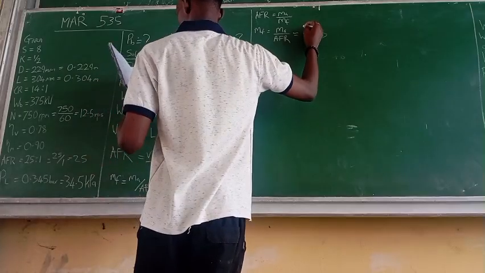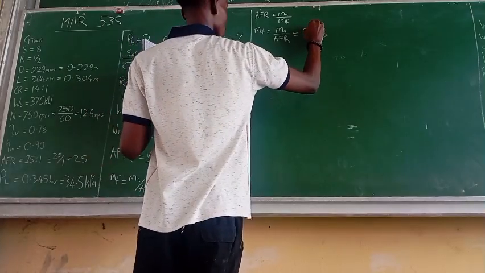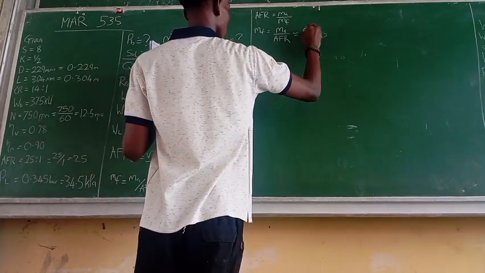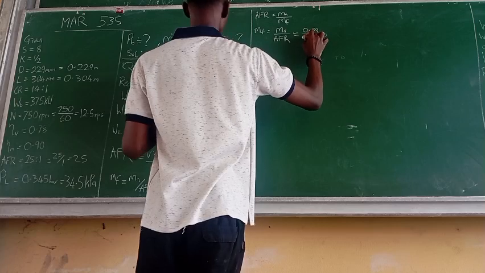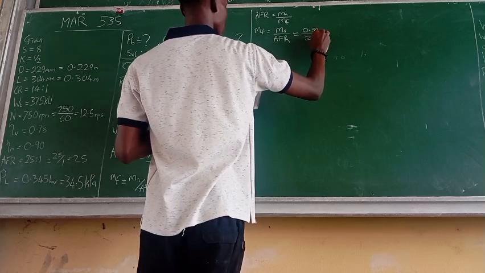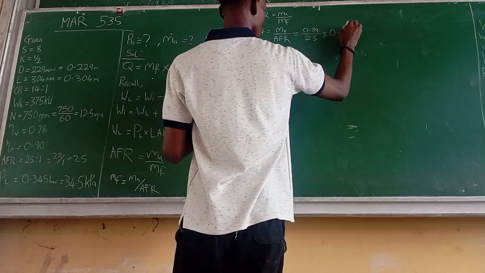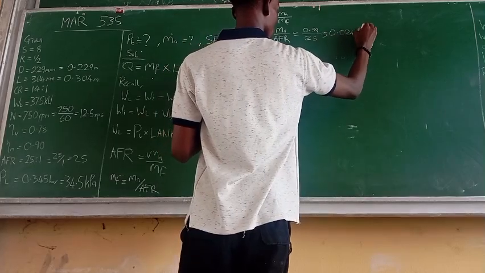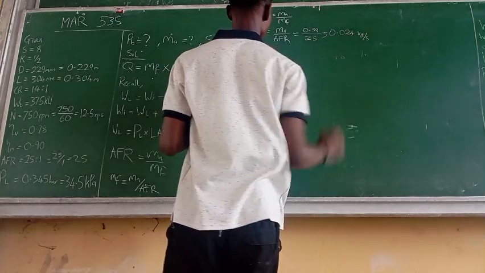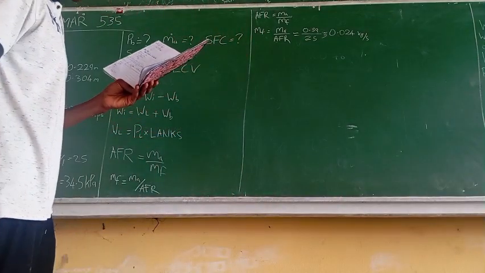That is equal to 0.59 over 25, which will give us 0.024 kilogram per second. We have our MF.